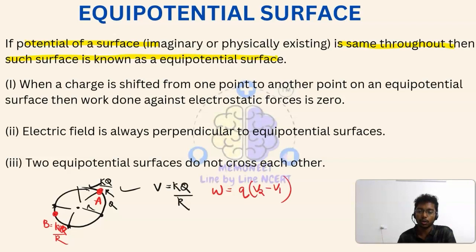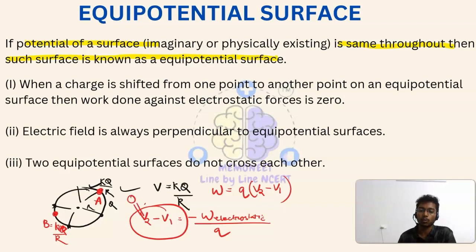We can also write that the change in potential is equal to minus the work done by the electrostatic force upon q. The potential V1 at the initial point A is kq/r, and V2 at point B is also kq/r. So the difference will be 0. The work done by the electrostatic force will be 0, and the work done by the external agent will be 0.